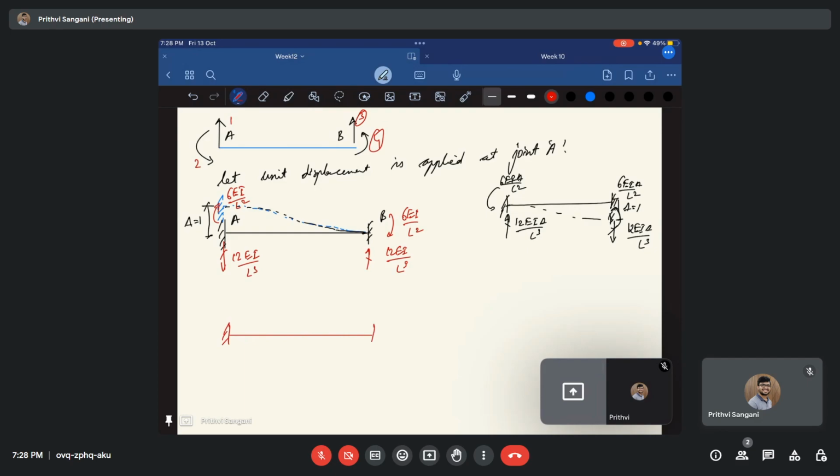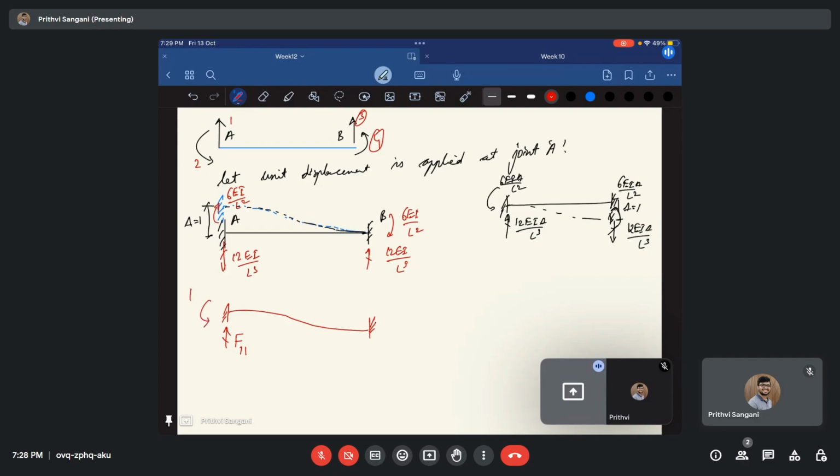Because delta equal to 1, the force in direction 1 because of delta at 1, this is F, that is why we usually call it F11.